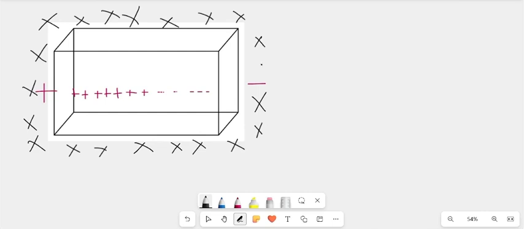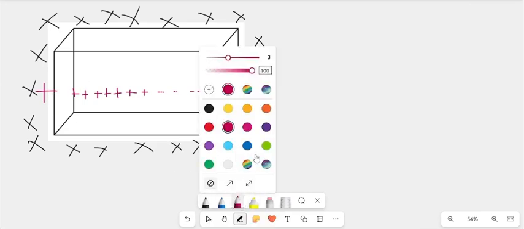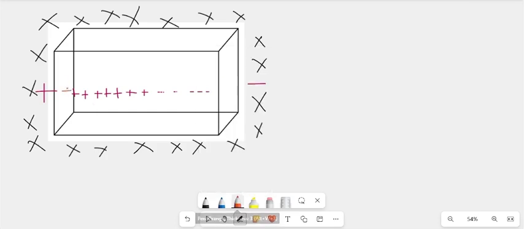So when I place this semiconductor into an external magnetic field, now when a positive charge comes in, it's not going to travel in this direction anymore.